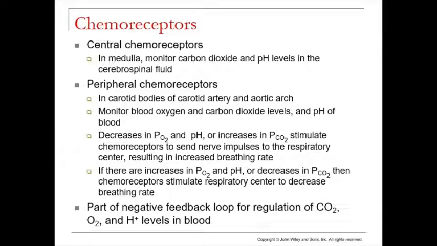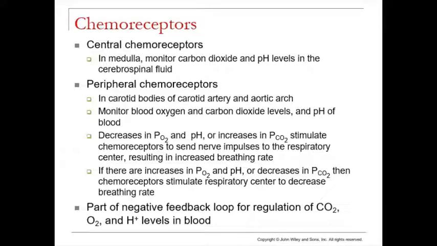Or the opposite. If your oxygen levels are too high, yes, you will be told to breathe less. And your respiratory rate, your breathing rate will decrease if your oxygen levels are too high or your carbon dioxide levels are too low. And that sounds familiar. When your oxygen levels are too high, you will breathe less to drop it.